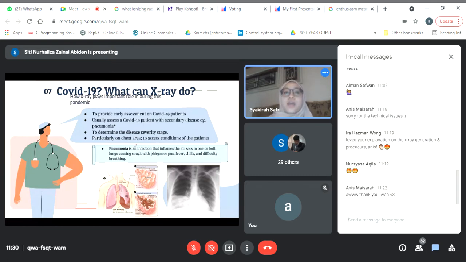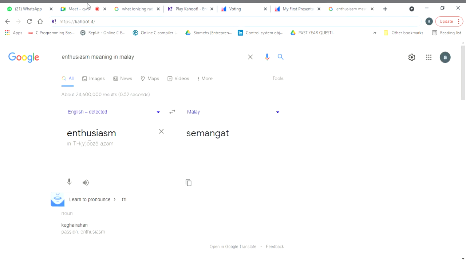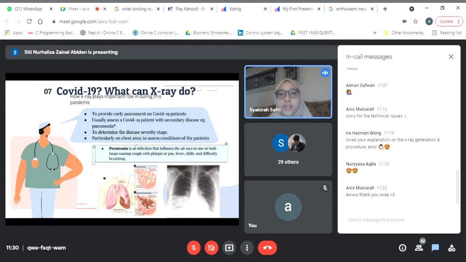However, in a lung with pneumonia, as shown in the X-ray image, the lung is filled with fluid, so it causes the presence of grey hazy areas at the lower part of the lung. Okay, next.